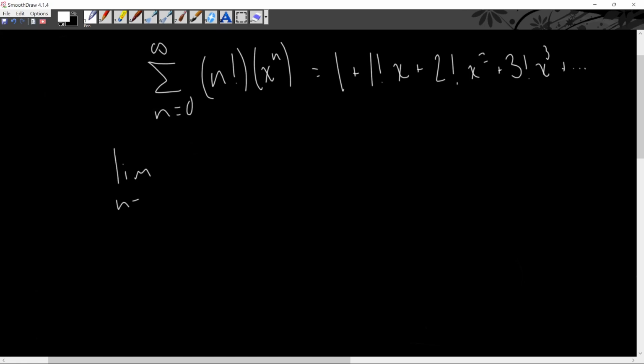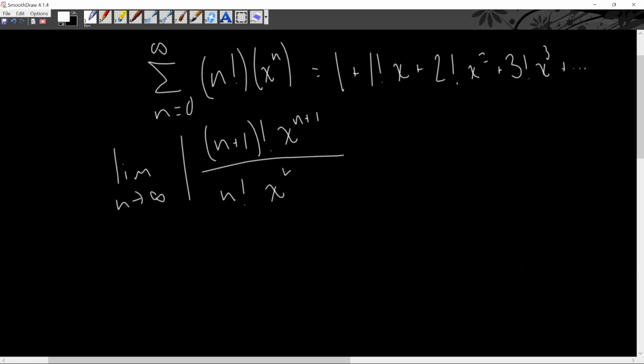We have the limit as n approaches infinity of, well, let's write this out correctly, (n plus 1) factorial times x to the n plus 1 over n factorial times x to the n. Right, so this cancels.